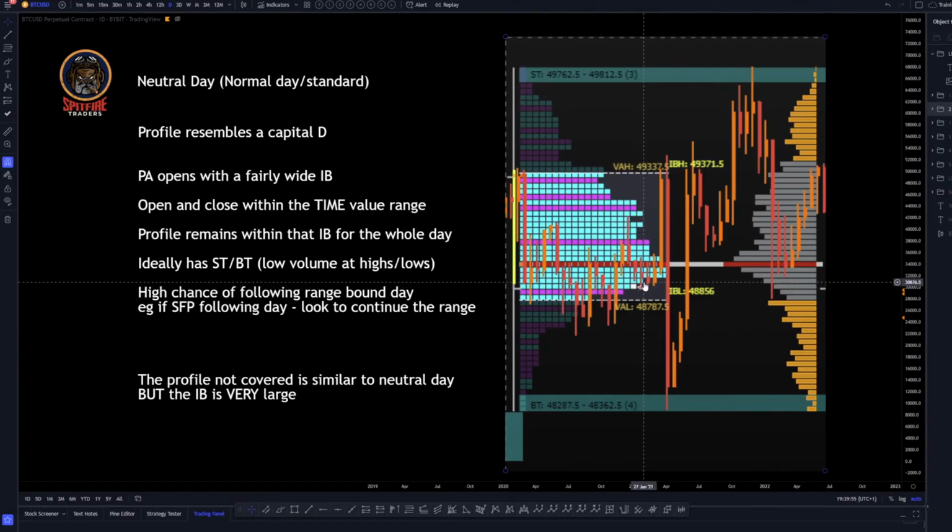I'm pretty sure you can. The little arrow here identifies the close. So we've got the open and the close inside the value range. This whole day is stuck within this value range. The value range is based around the initial balance, so the initial balance is within the value range and the whole profile is within the value range here.